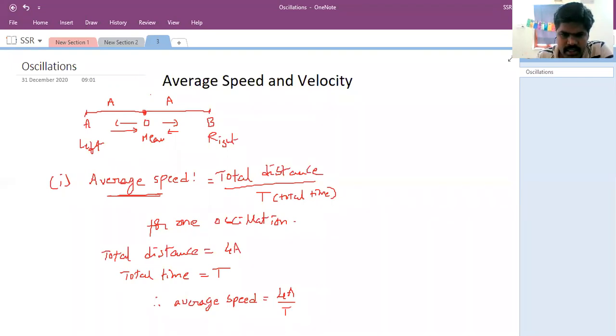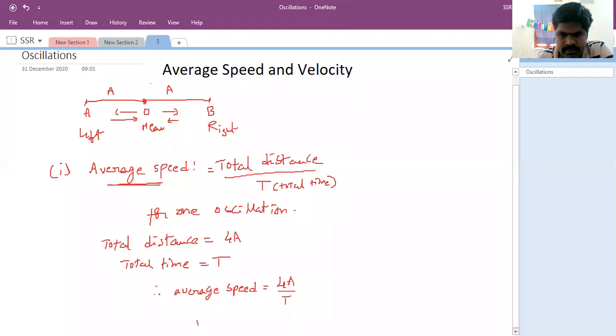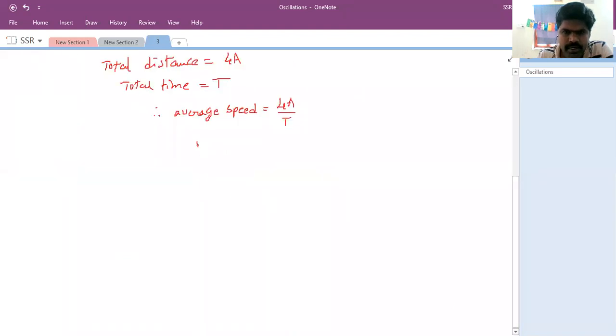Then in terms of omega, what can you write? We know time period T is equal to 2 pi by omega. Then average speed, V average, is equal to 4A by 2 pi by omega.